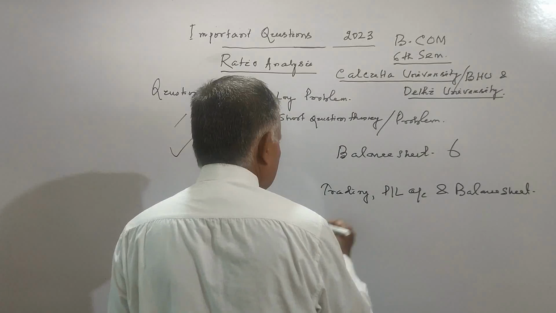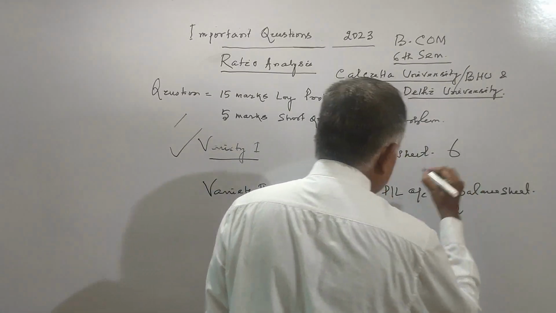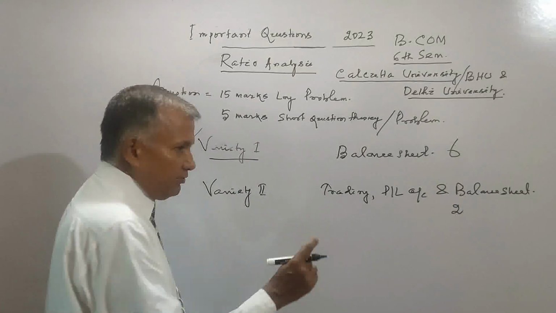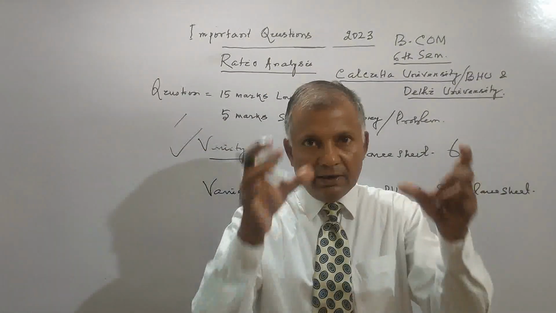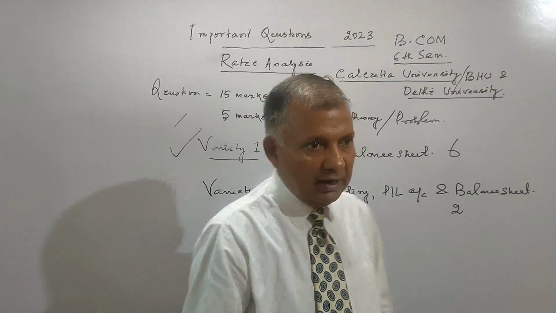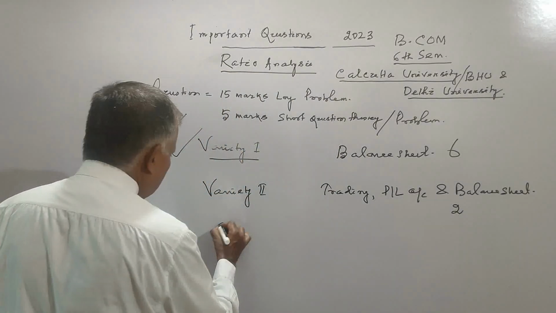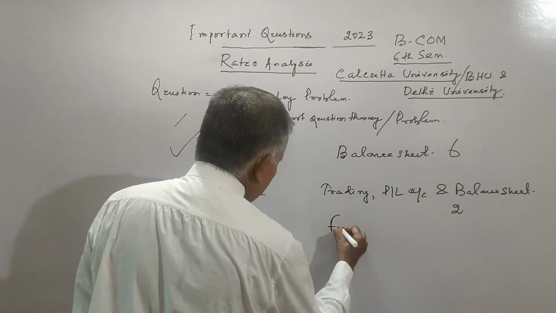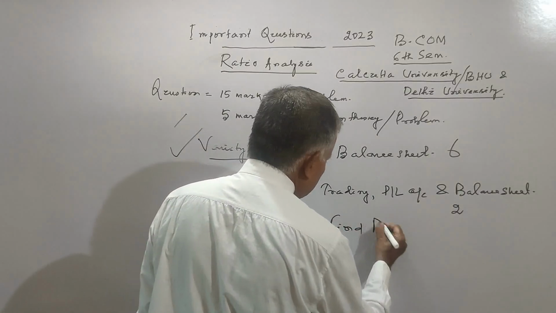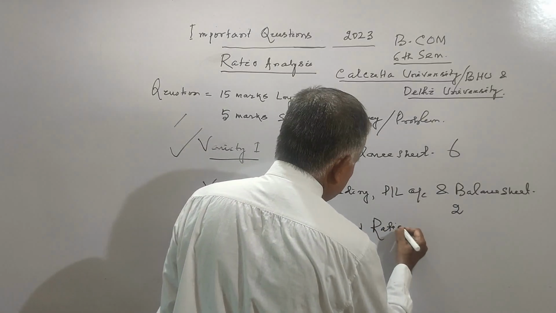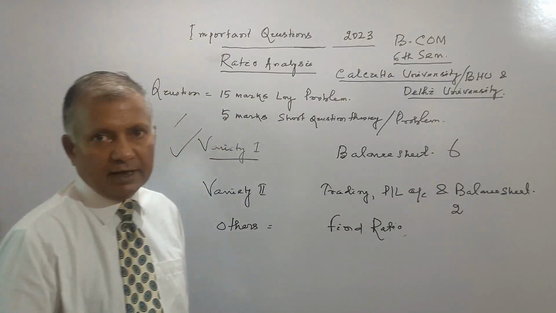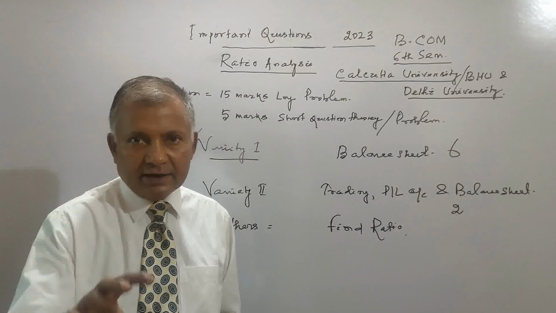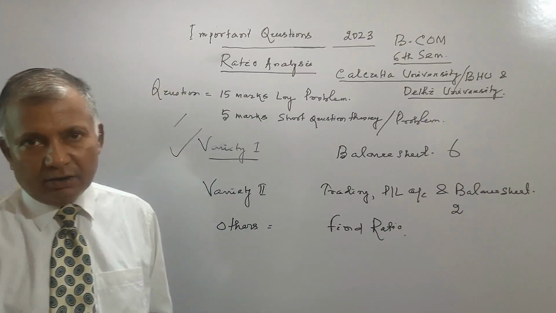I have given 2 questions on this. Others are where they will give you a certain balance sheet or P&L and ask you to find certain ratios: debt equity ratio, capital gearing ratio, working capital ratio, interest coverage ratio, turnover ratio, inventory turnover.